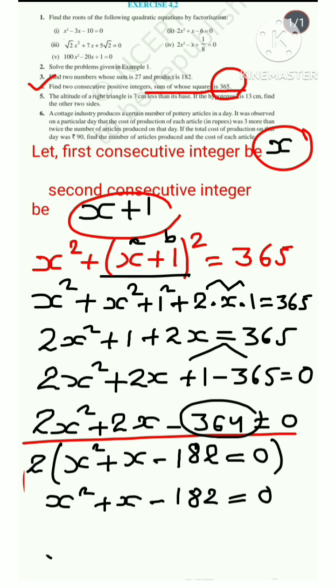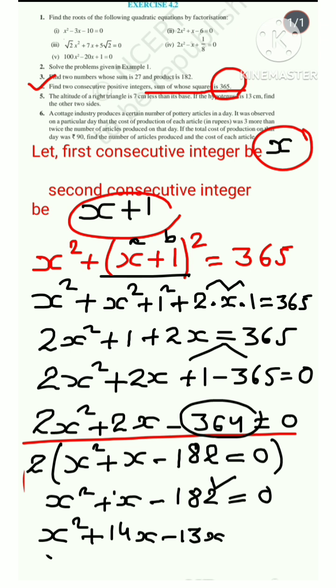So x square, okay, this plus x can be split like this, plus 14x minus 13x, because when we multiply plus 14 and minus 13, then we obtain minus 182. Similarly, when we subtract 13 from 14, then we obtain plus 1.